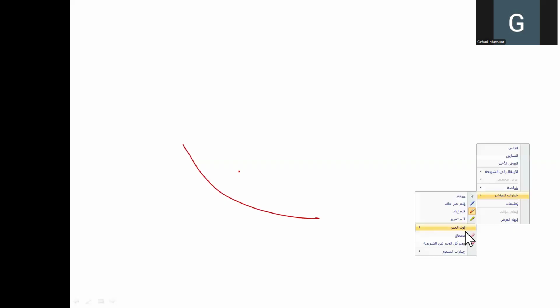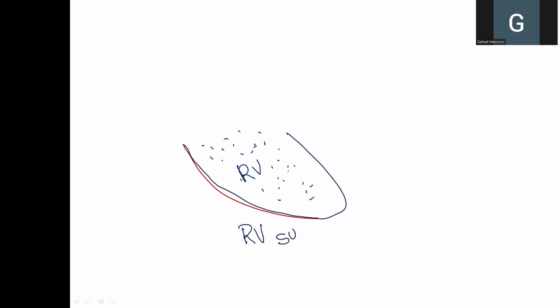Now, if we imagine that this is the right ventricle, and the right ventricle is full of deoxygenated blood at the end of its relaxation, or at the end of its diastole, and now the right ventricle will start right ventricular contraction, or right ventricular systole.